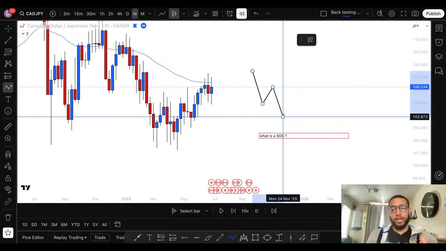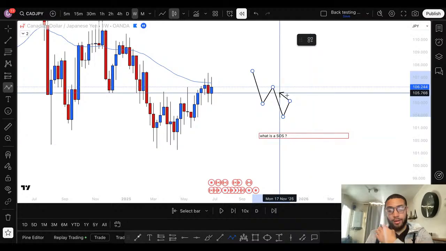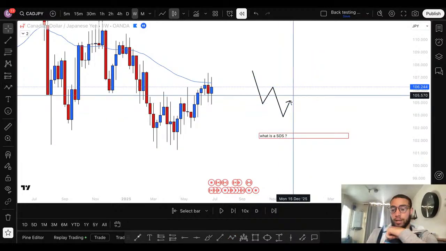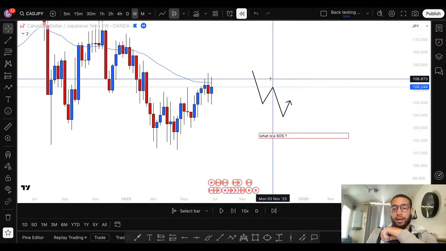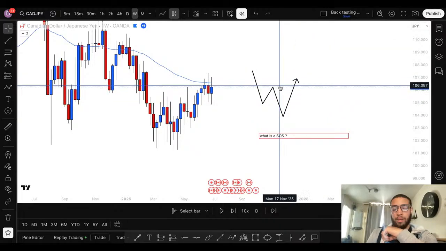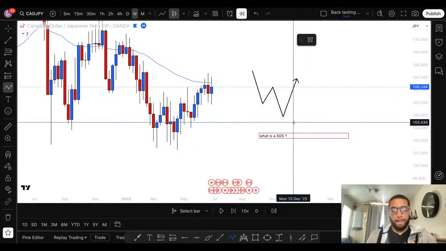Now, when price pulls back to make the potential lower high to continue pushing down, a shift of structure is when the market doesn't create a lower high, but continues to push back up and close above the previous lower high that the market just created. So this would equal a shift of structure.